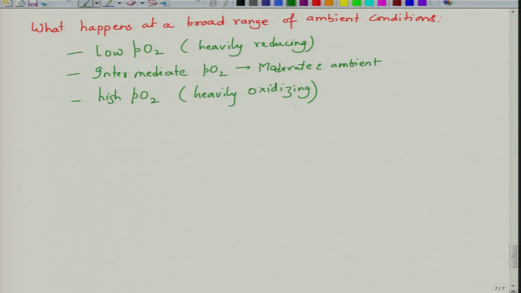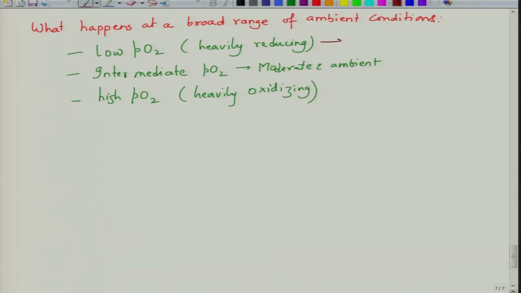Now from the previous analysis you can see low partial pressure of oxygen leads to what kind of defects? When you reduce the oxygen concentration in a material, you create more and more vacancies of oxygen. So under this condition VO is the dominant defect. Let us not consider metal interstitial, let us just consider VO. At high PO2 you will have metal vacancies.